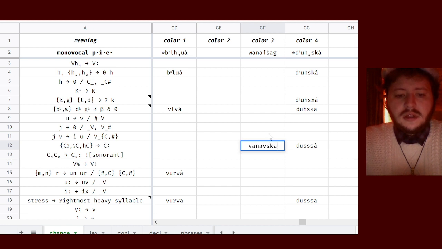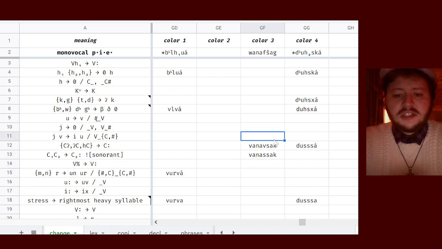Oh. That's what it is at this point in time. It doesn't apply to this, but this is how it's getting loaned in, which would make it, the gemination would happen, so it would be like Sak.